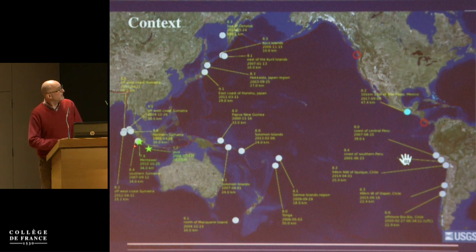For example, we can see here the Sumatra cluster, with very big earthquakes in a very few years, and over there another cluster, the South American Chilean coast. And some of the earthquakes shown here were described in this morning's talks.